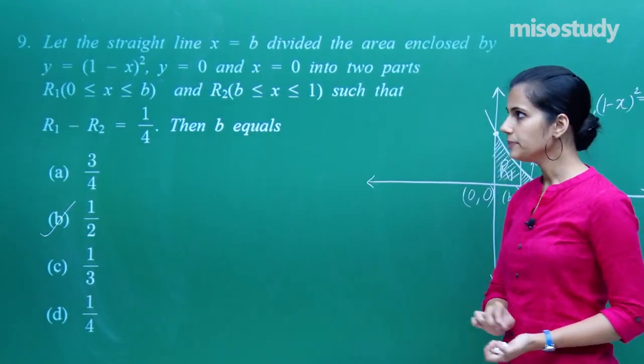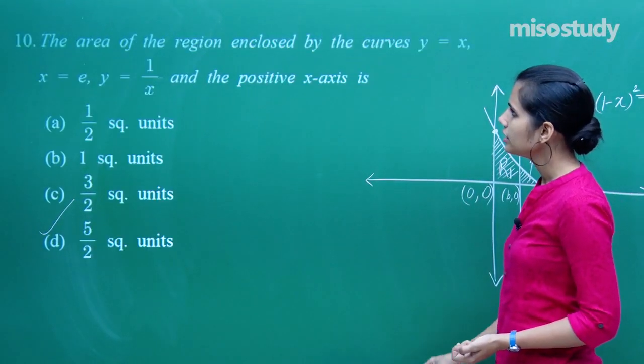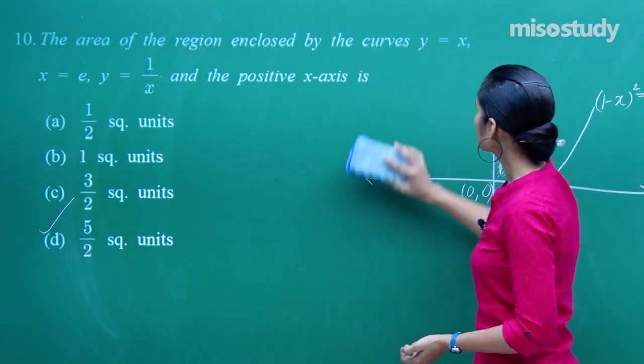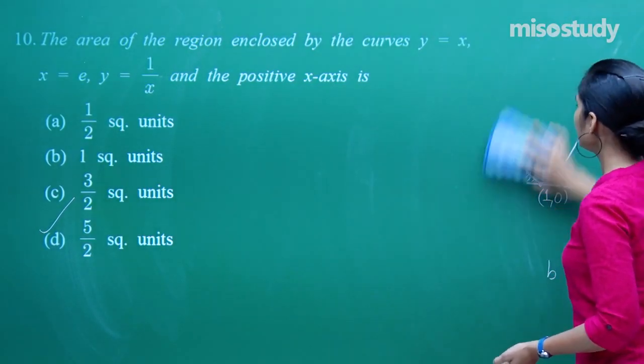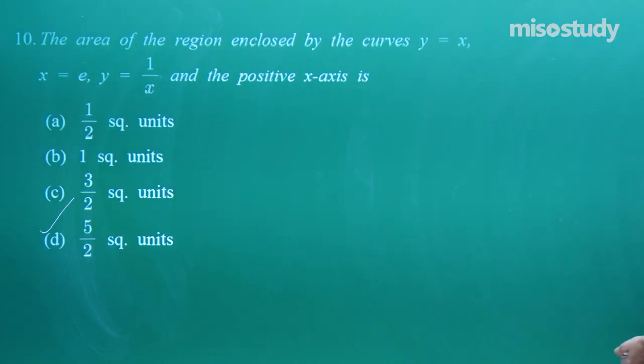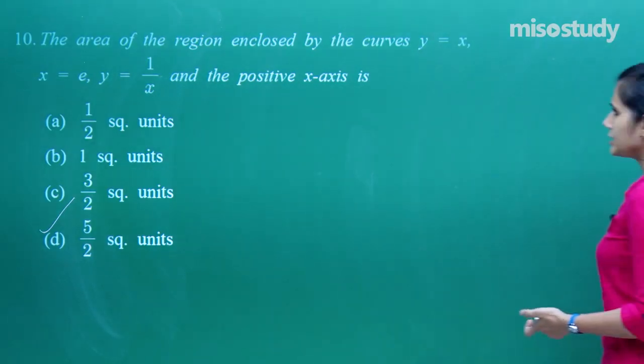So pretty nice question. After that we have the area of the region enclosed by the curve y equals x, x equals e, y equals 1 by x, and the positive axis. So let's draw these curves.